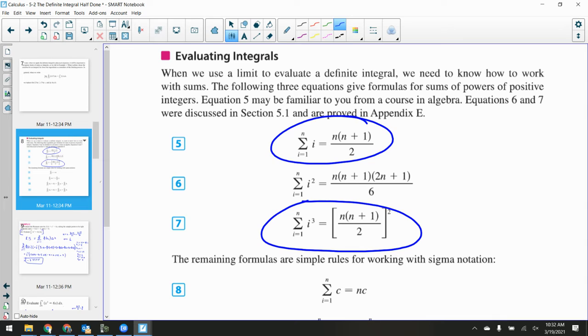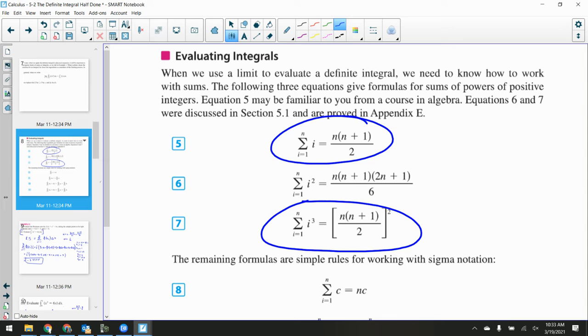The following three equations give formulas for sums of powers of positive integers. Equation 5 may be familiar to you from a course in algebra. Like, oh, really? You really know that from some algebra course? Like you guys know that formula, the sum of I is n times n plus 1 over 2, right?